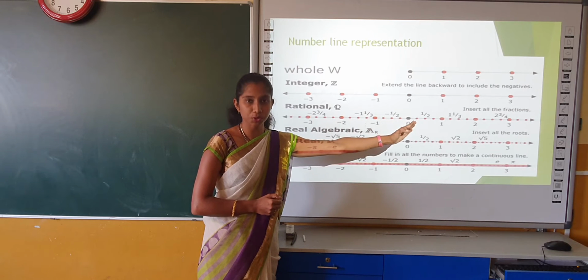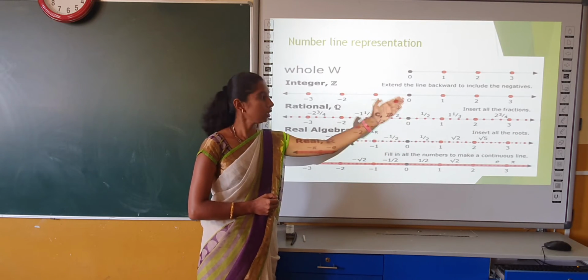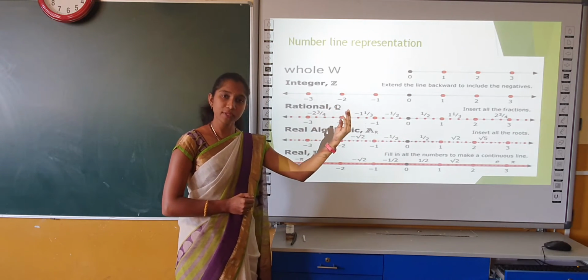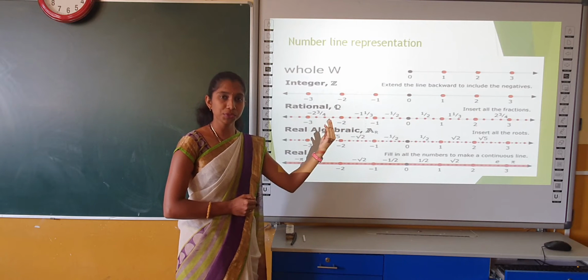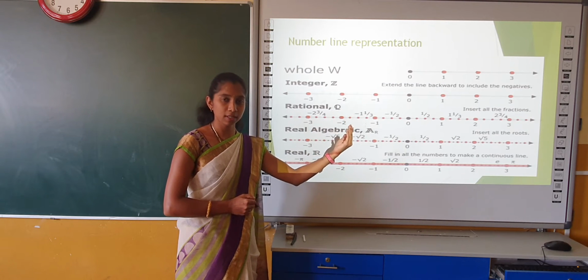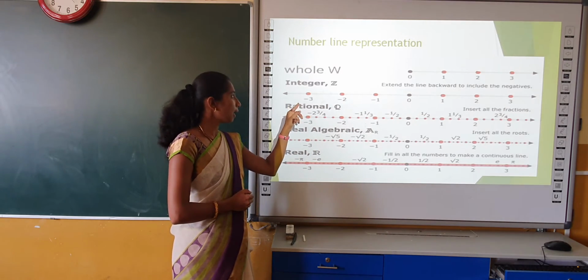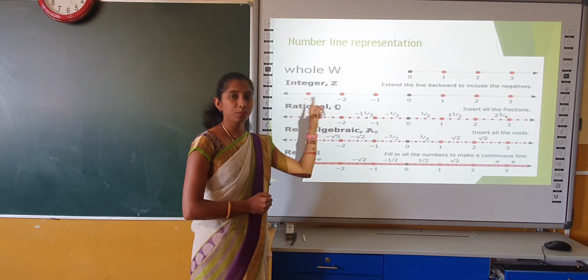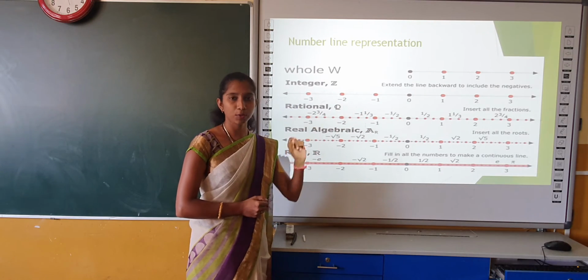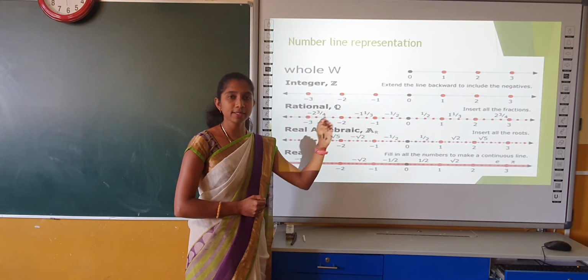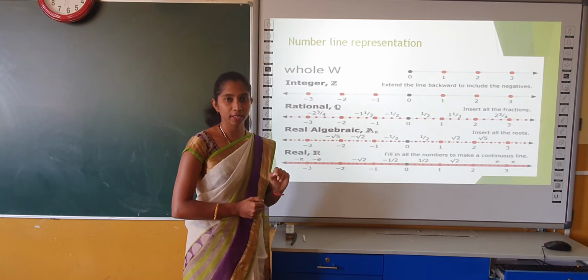After 0 you should start from 1. On the left side, before 0, you should start from -1. Later it continues -2, -3, and in the case of integers, on both sides you should mention the arrow. It indicates it is continuing up to infinity.